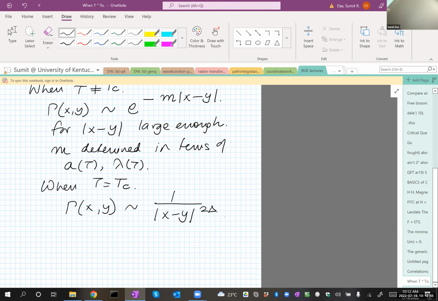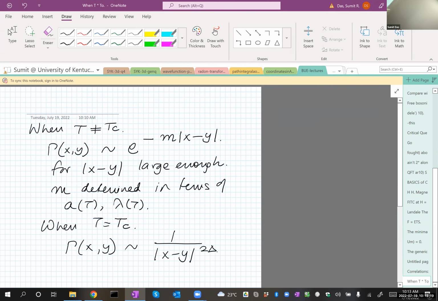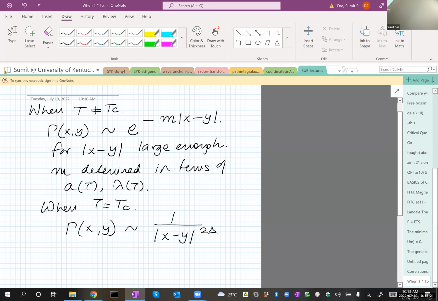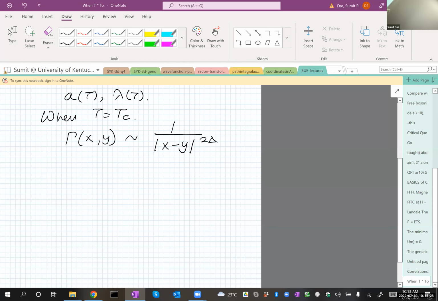Now it is clear that if I make a change here and measure the effect of this change at some other point, and if the other point is very, very far away, the effect will be very small. The question is, how does the effect decrease as you increase the distance between the points? And there is a huge difference between the way it does that away from the critical point and exactly at the critical point.